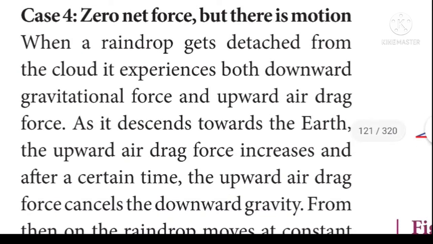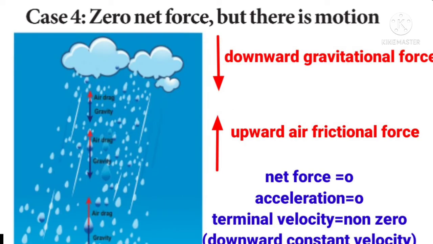Case 4. Zero net force, but there is a motion. Let us imagine the raindrop comes from the cloud. It will experience two different kinds of force. One is the downward gravitational force, at the same time the upward air frictional force. So this upward air frictional force will cancel the downward gravitational force, so that the net force acting on the raindrop will become zero.